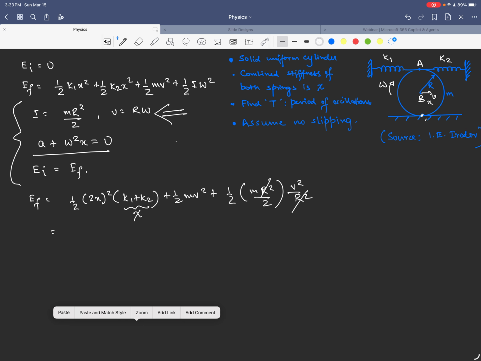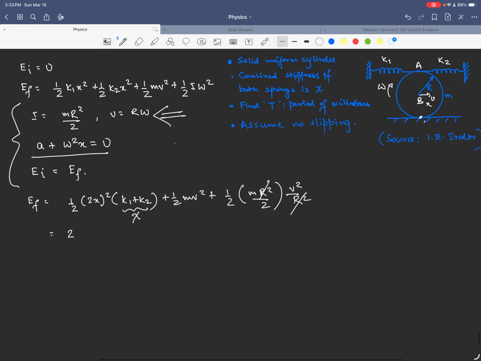So we now know that 2 times xi x square plus, there's a half mv square here, there is a 1 by 4 mv square here, so overall it's going to be 3 by 4 mv square equal to 0, right?